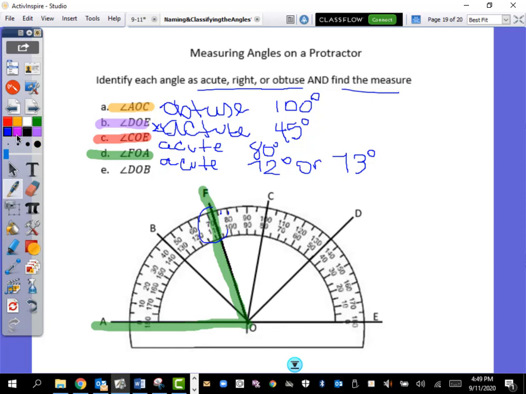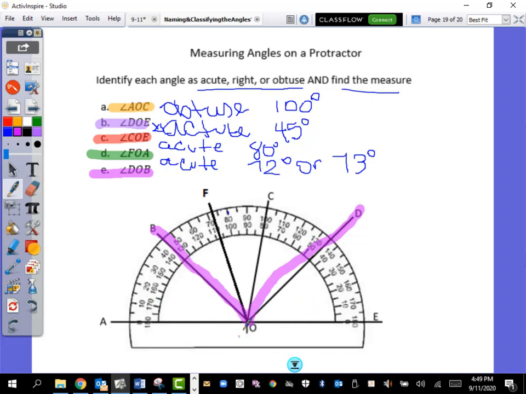Then our last one is going to be E. So E, the angle is from D, O, B. So now the angle DOB is not on the bottom.